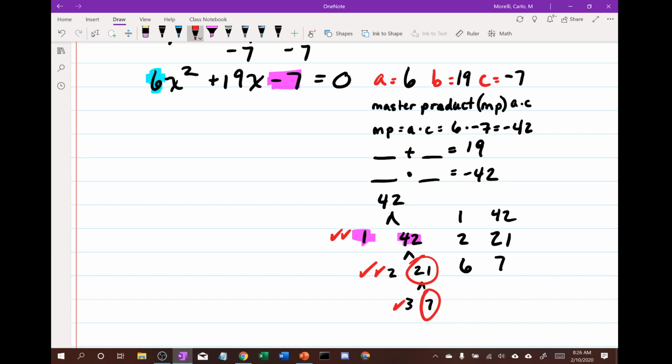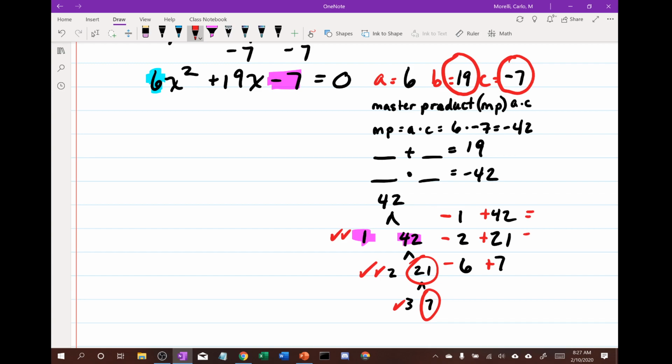So now, look at C. If C is negative, the factors have different signs. Then you look at B. B is a positive number, so the big number is positive. So we're just going to add plus signs next to the big numbers and minus signs next to the small numbers.